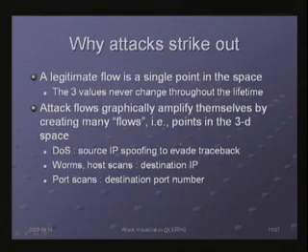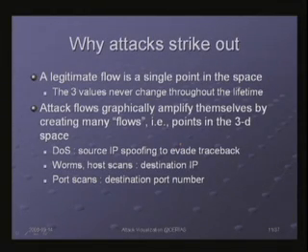But for attack flows, they change 1 or 2 fields from packet to packet. Every packet has 1 or 2 values different, so they move in that space and generate these geometric shapes.